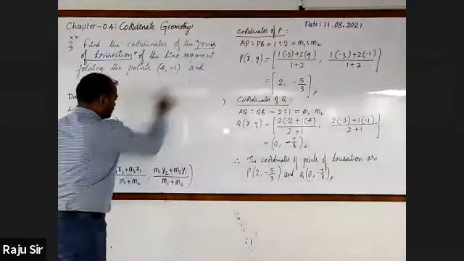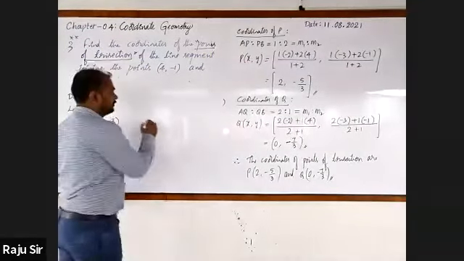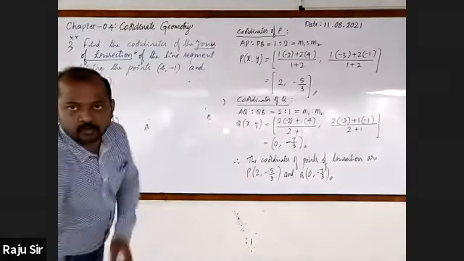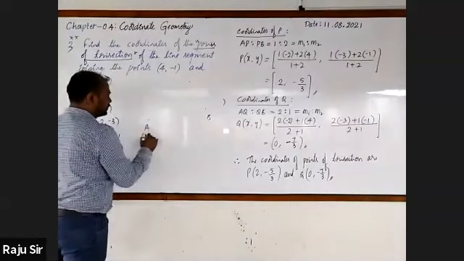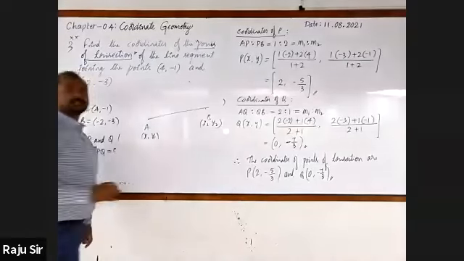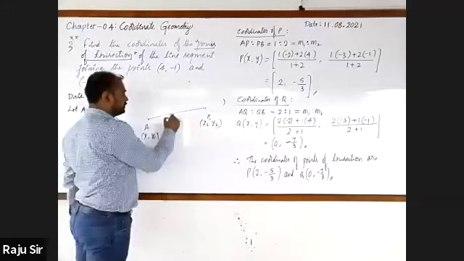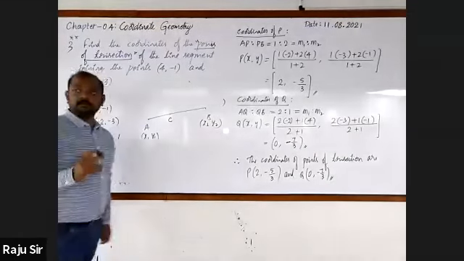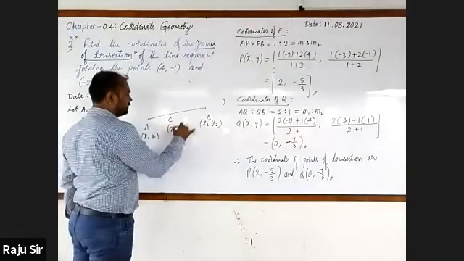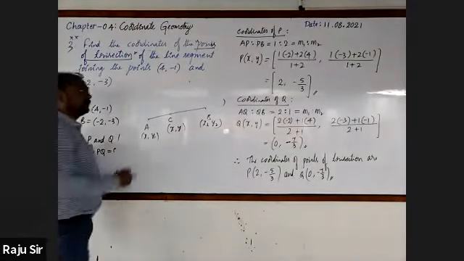I tell you, just observe. Don't write. Stop writing and look. There are 2 points, A and B, whose coordinates are known: X1, Y1, and this is X2, Y2. This is the line which joins A and B. There is a point C. Even we know the coordinates of C. It is X, Y. Could you tell what is unknown? The ratio is unknown.